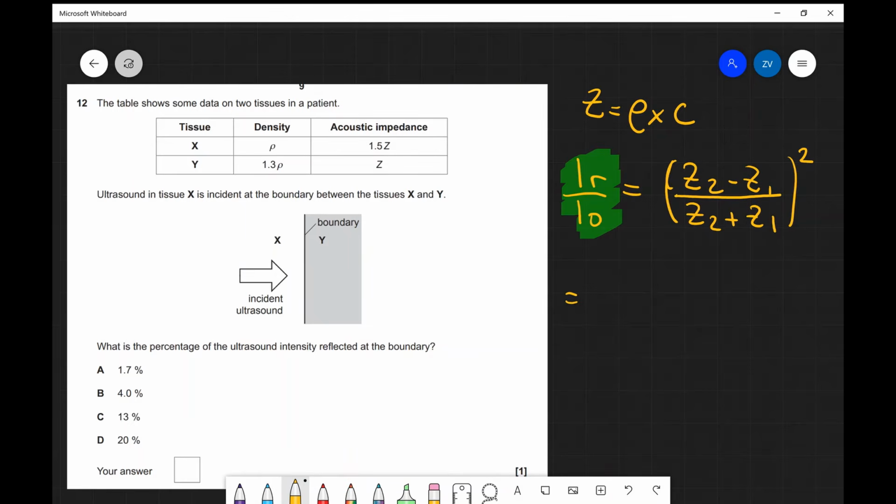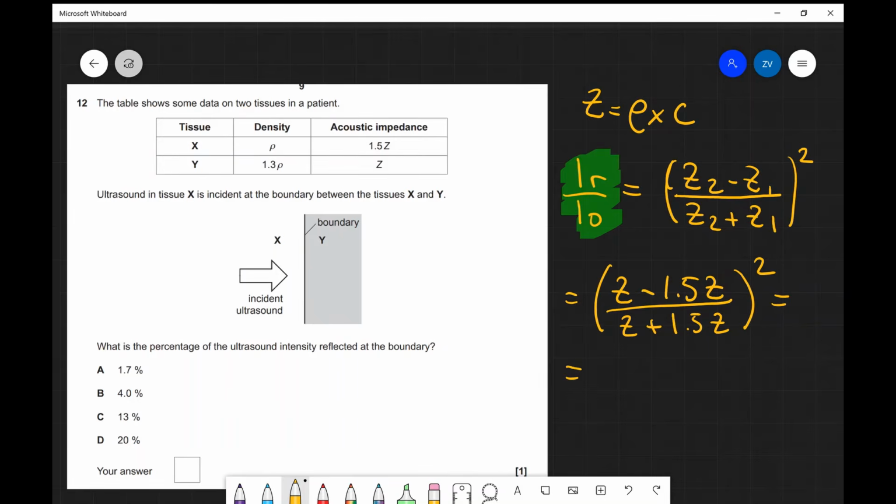So this is going to equal Z2 minus Z1. Now we're going into boundary 2, so our boundary 2 has an acoustic impedance of Z, so we can just say Z minus, the first one has an acoustic impedance of 1.5 Z, so 1.5 Z all over the same expression but added together, so that's going to be Z plus 1.5 Z, and the whole expression is squared.